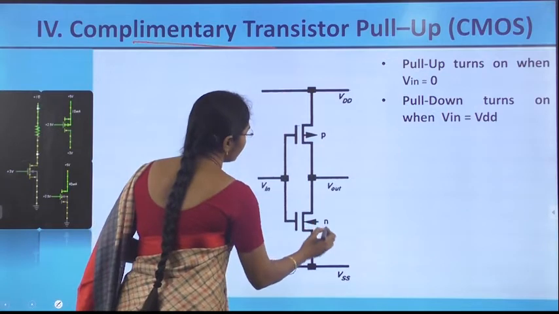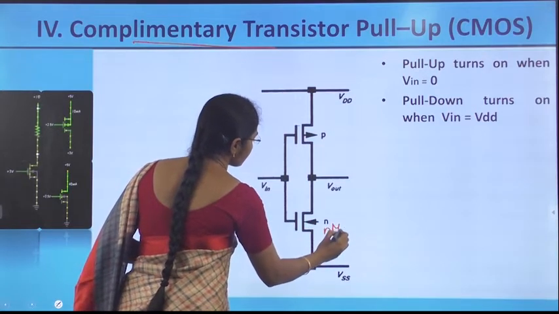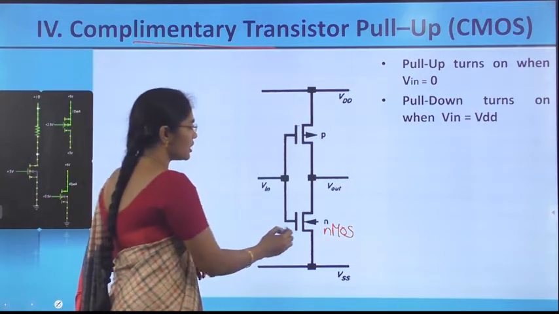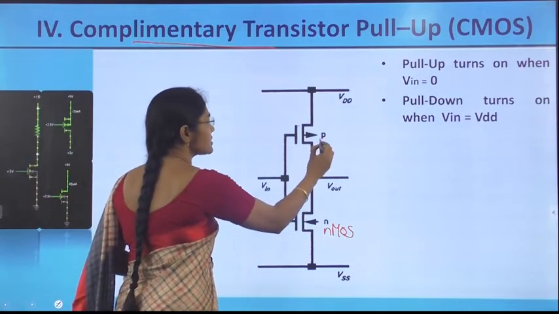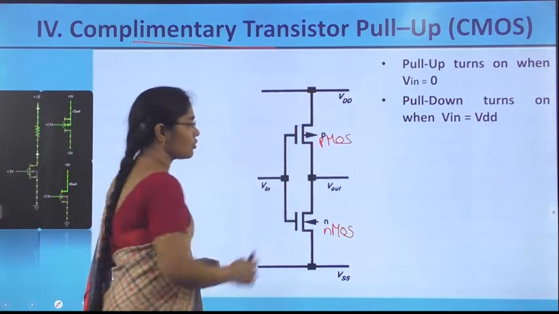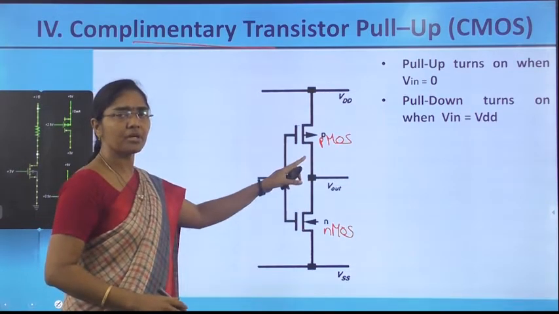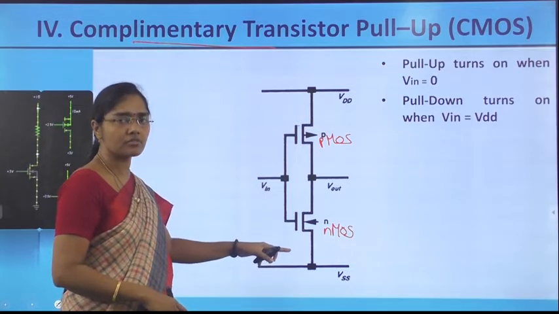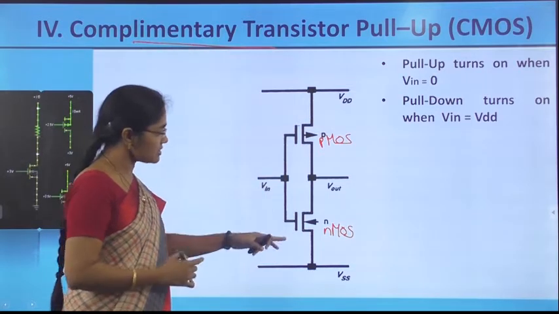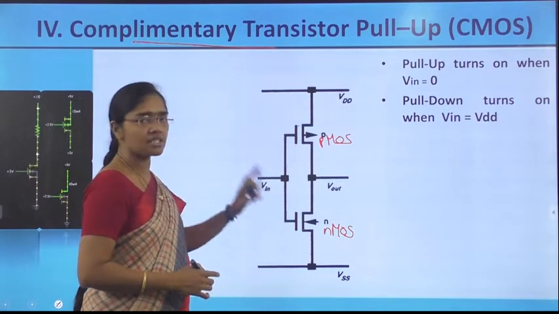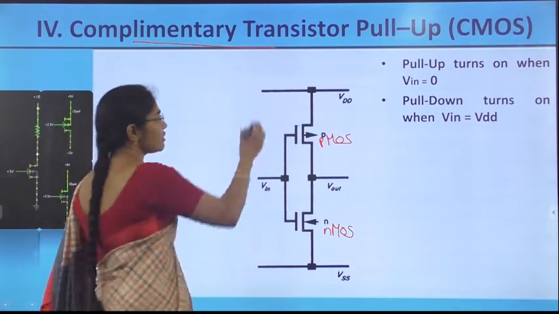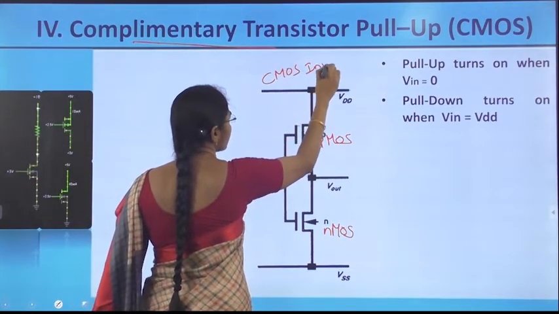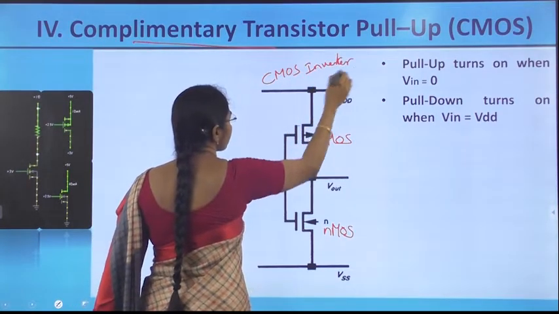Since the NMOS transistor is always used as the functionality transistor in the pull-down, complementary to this NMOS is PMOS. So when PMOS is used as the load device, the circuit will look like this. Since both NMOS and PMOS are used as complementary, it is called a CMOS inverter.